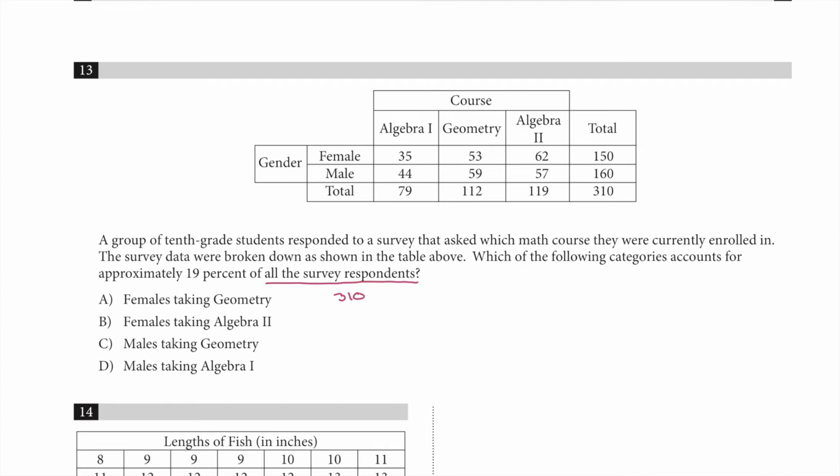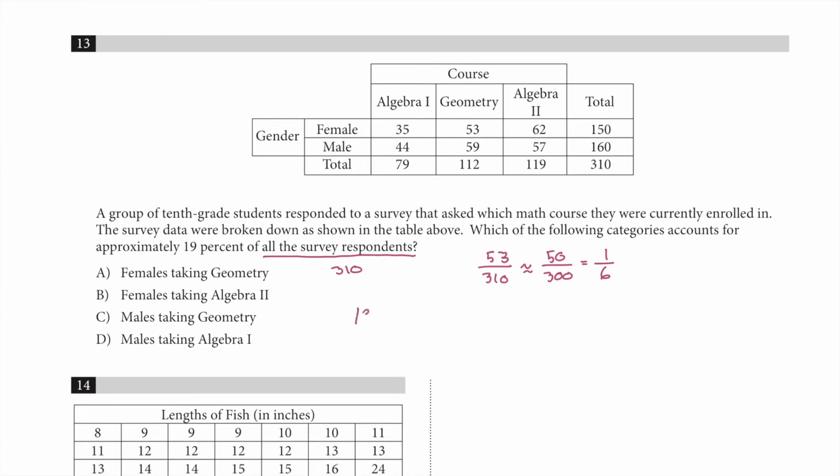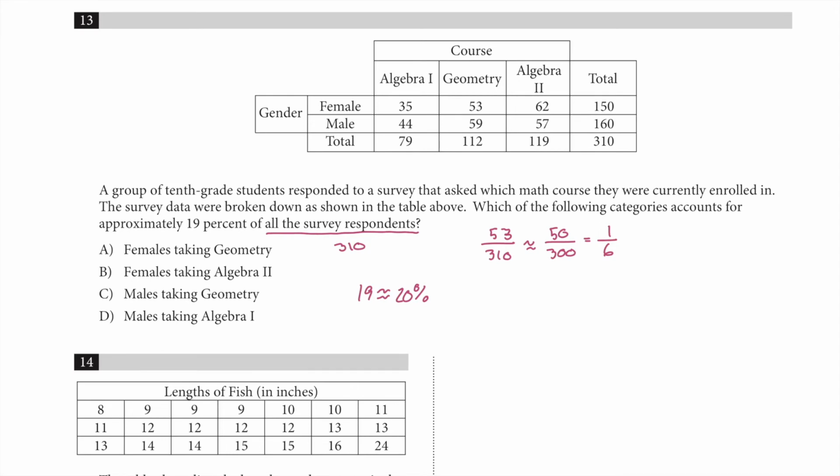And so females taking geometry will be 53 over 310. And this is approximately 50 over 300, which is 1/6, which is not 20%. 19 is approximately 20%. So we're looking for something which is about 1/5 of the total.